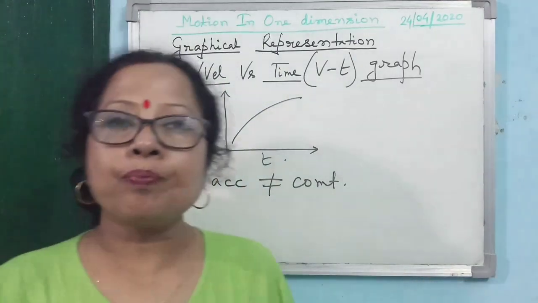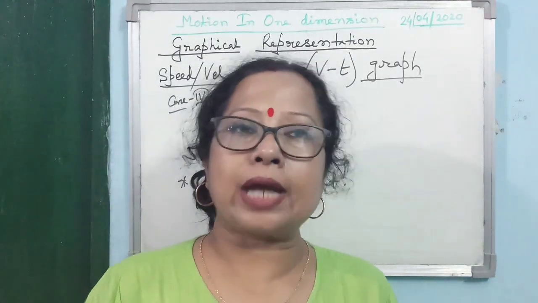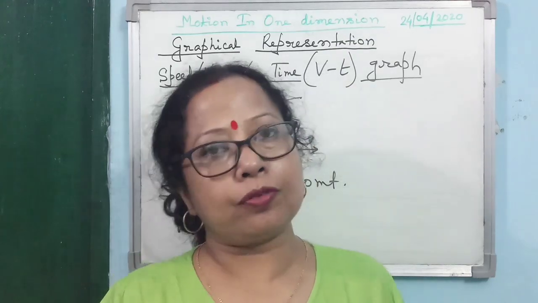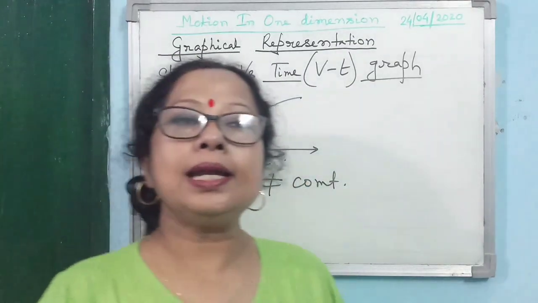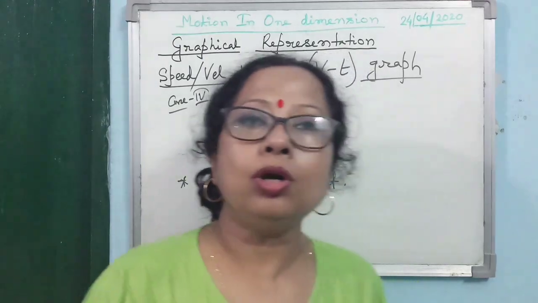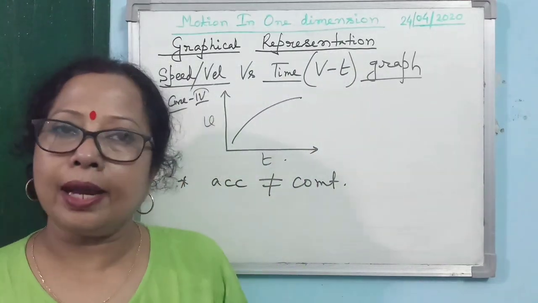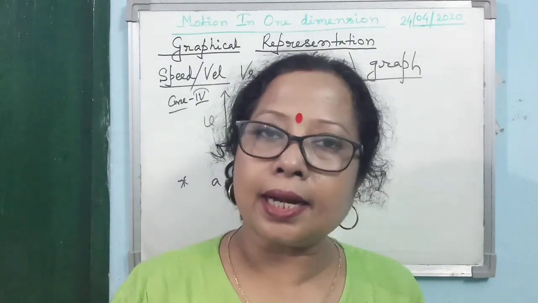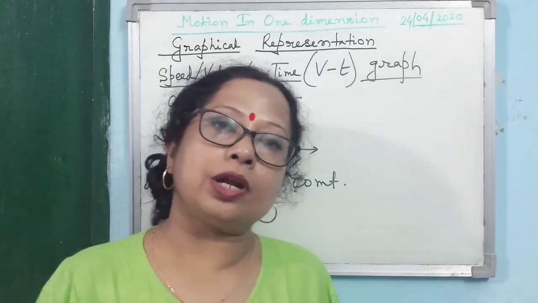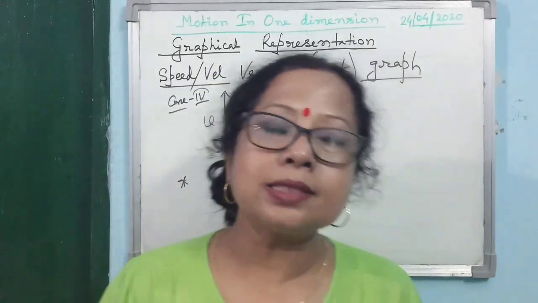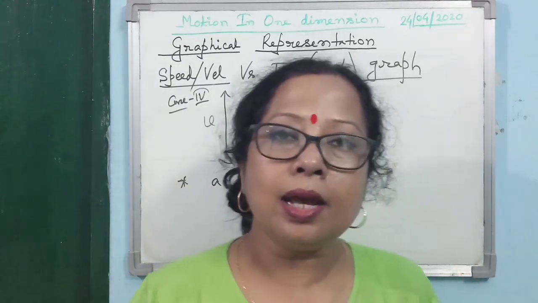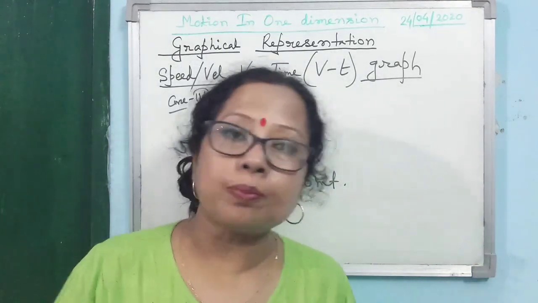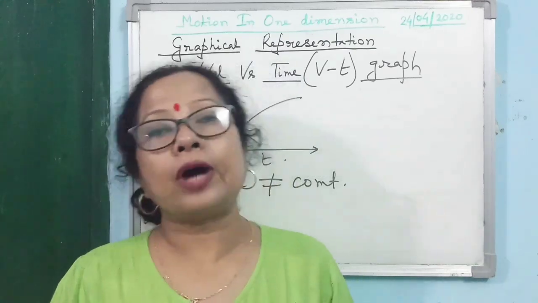So I have discussed the velocity time graph four ways. First was a straight line parallel to the time axis. What does it indicate? Uniform motion: velocity constant, acceleration 0. Secondly, a straight line passing through the origin. It indicates constant acceleration and initial velocity 0, a non-uniform motion. The third case was a straight line not passing through the origin. It has a y-intercept.